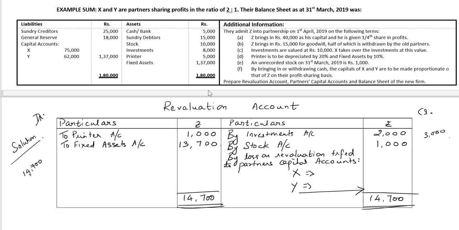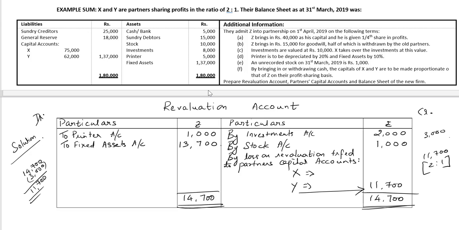Total loss, rupees 14,700 minus 3,000, which comes up to rupees 11,700. 11,700 to be distributed between X and Y in their old profit sharing ratio, which is 2:1.